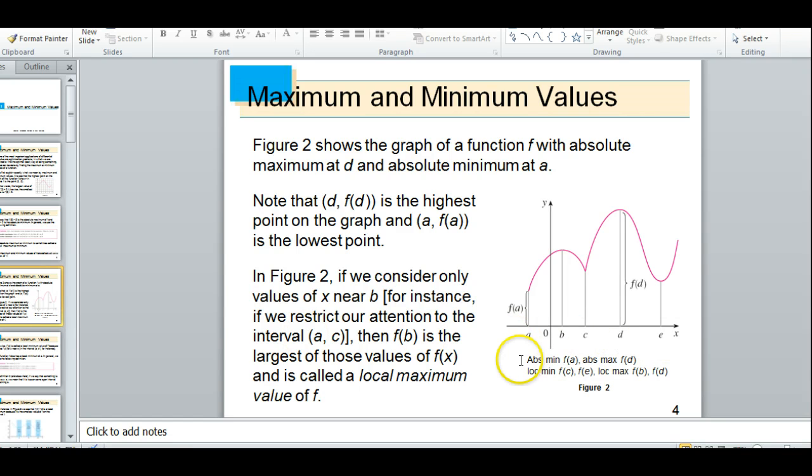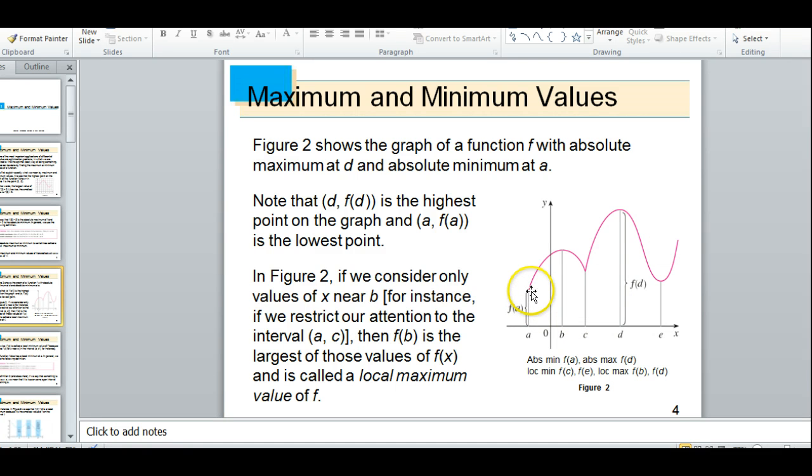Now in this figure, we see several low points right here, and right here. And then you can also see several high points, so this one, and this one as well. So there's going to be a difference between how high the highest points are or how low the lowest points are.